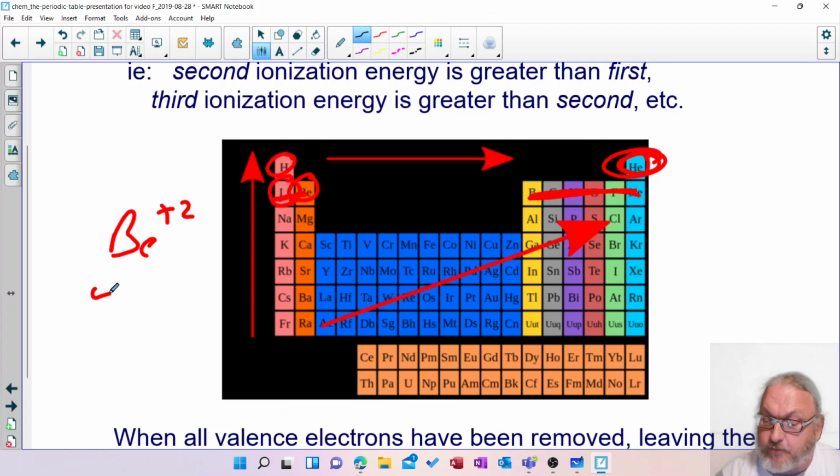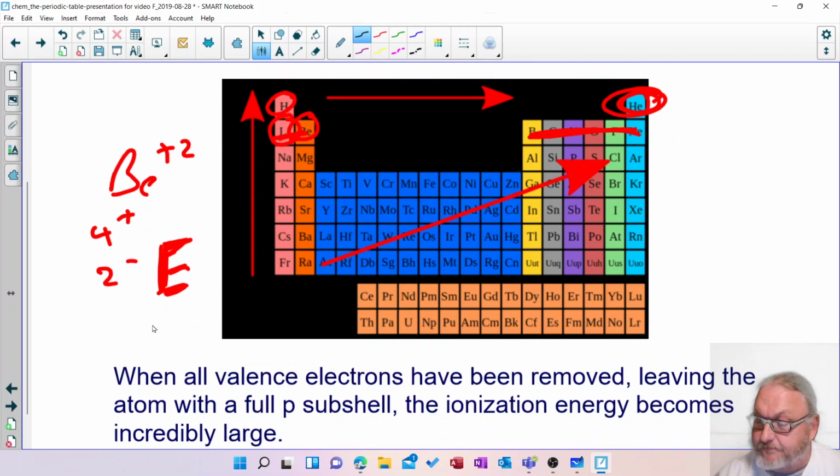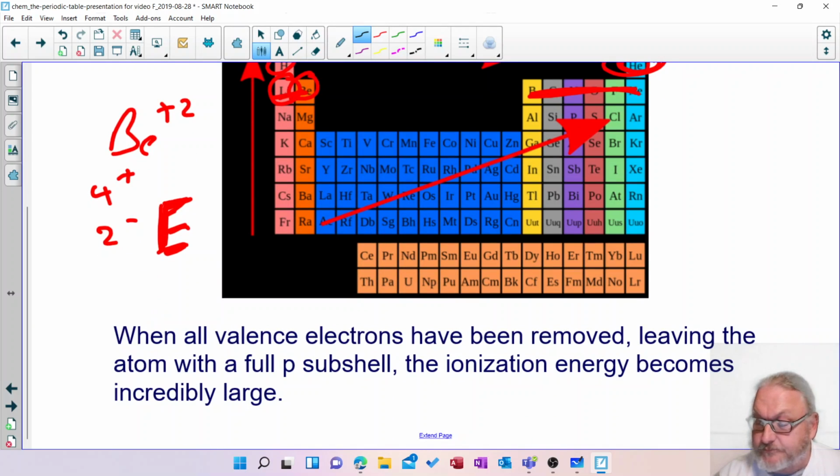That means it's got 4 protons and 2 electrons, all right? And if you remember that helium has a 2 electron configuration, it will take a lot of energy to remove that third electron. It's just going to be a tremendous amount. So yeah, it can be done, but it's going to be done in a lab.